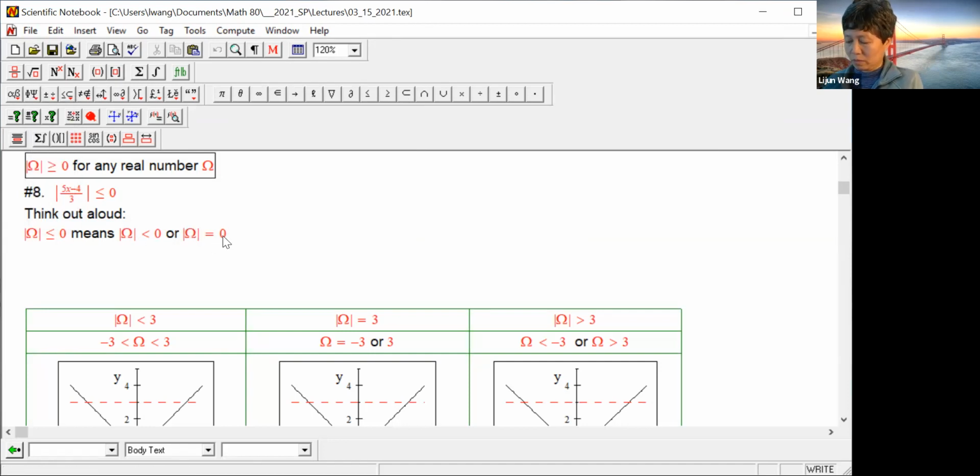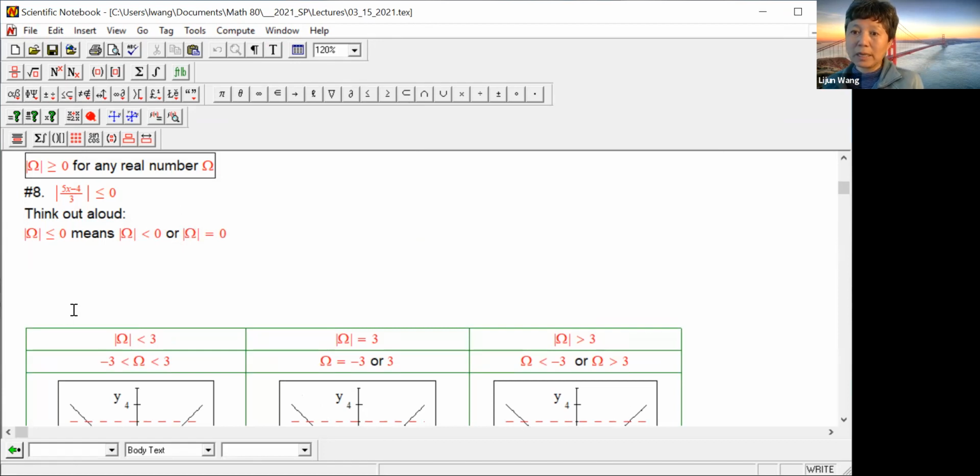That means the absolute value of omega is less than 0 or equal to 0. That's what it means. The less than 0 case is impossible.